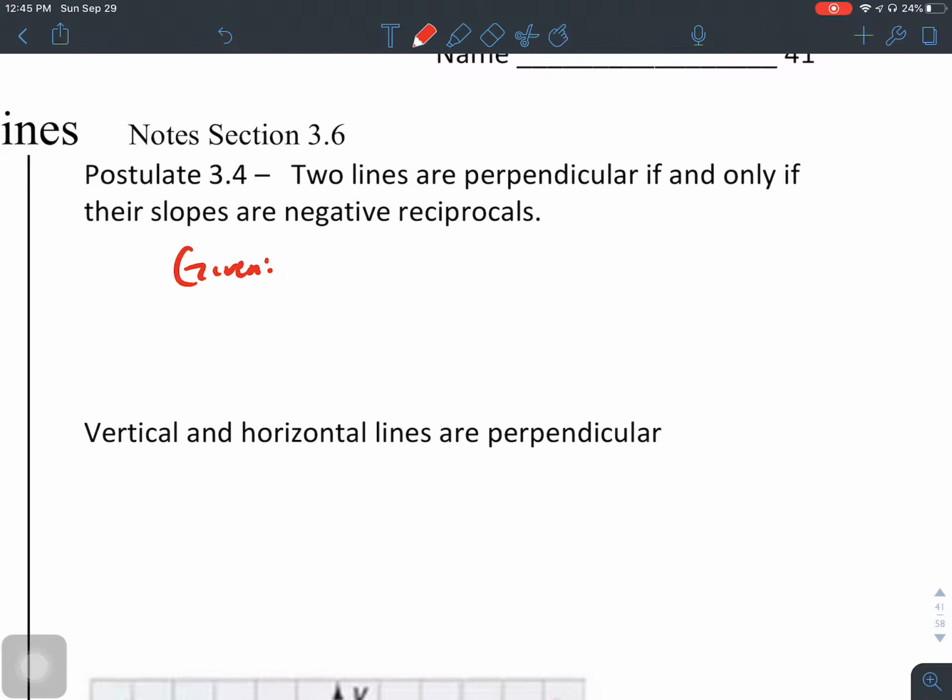If you're given 3 over 2, the negative reciprocal, you take the fraction and you flip it over, then you change the sign. Another example, let's say we had negative 1/2. Negative reciprocal would be 2. Change the sign, was negative, now it's positive. Reciprocate it, 1 over 2 becomes 2.